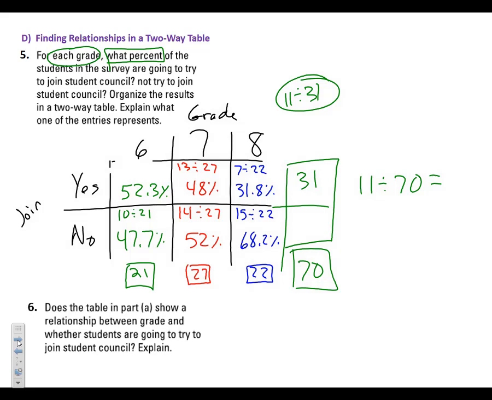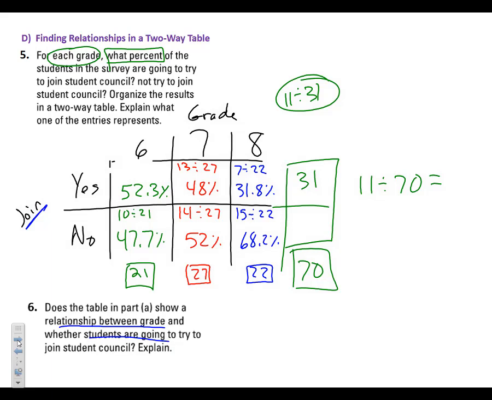Because question number 6 says, hey, does the table in part A show a relationship between the grade and whether students are going to try to join student council? Explain. Well, when I look at it, when I look at the join, because that's what it's talking about, the relationship between the grade and whether they're going to try to join, I look, and yes, 52% of sixth graders, 48% of seventh graders, 31% of eighth graders.